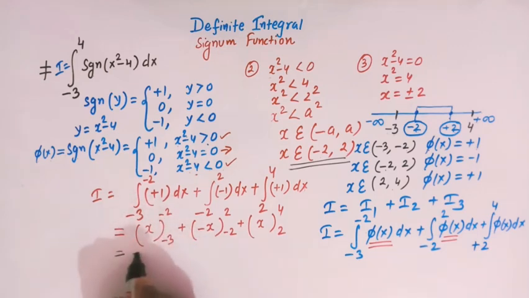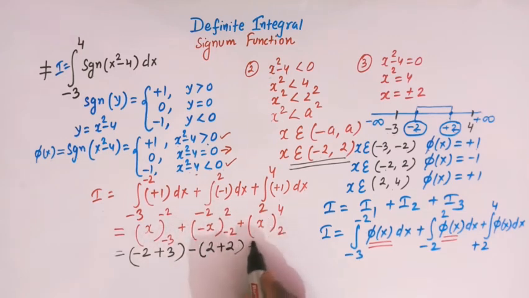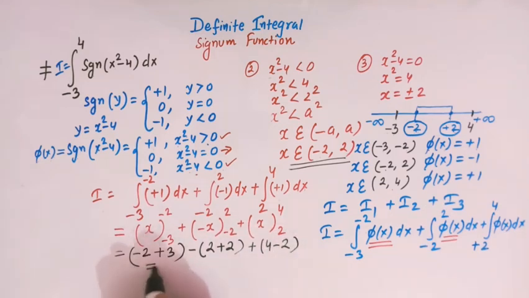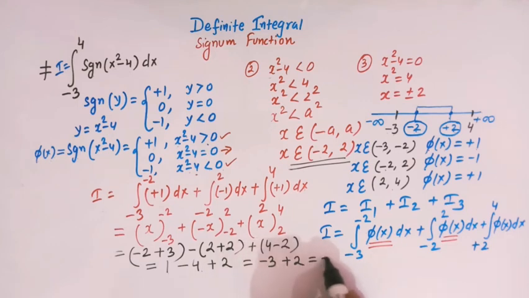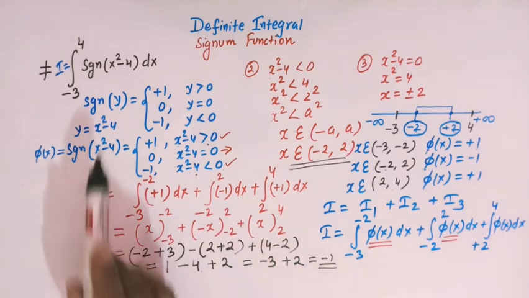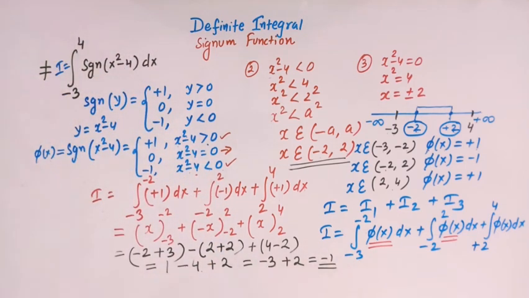So we have (-2 + 3), then we take the negative sign outside to get -(2 + 2), and then (4 - 2). This is 3 - 2 = 1, then 2 + 2 = 4, and 4 - 2 = 2. So 1 - 4 + 2 gives -1. Viewers, the value of this definite integral is -1.